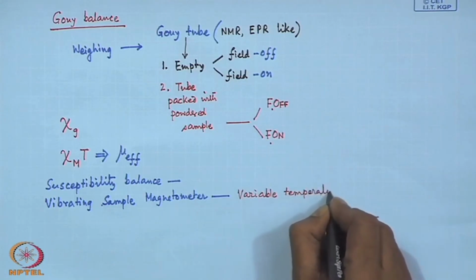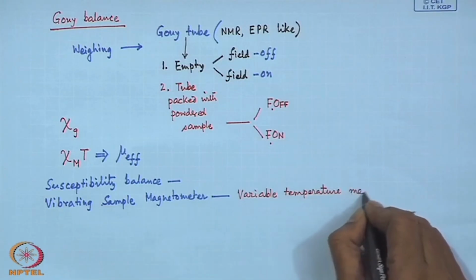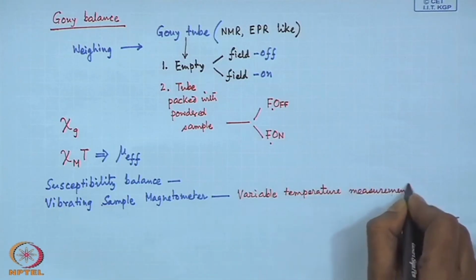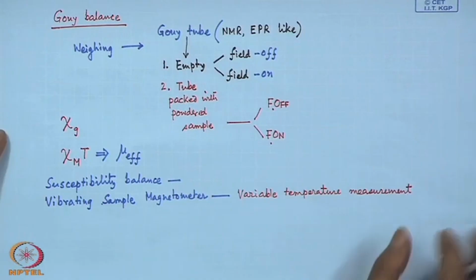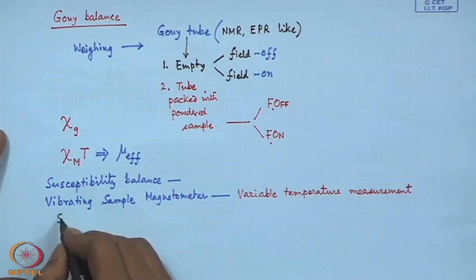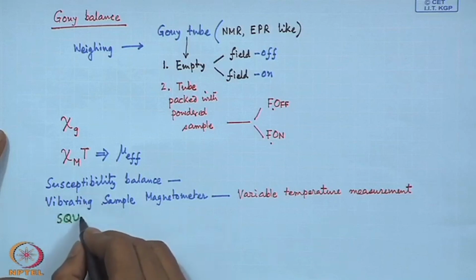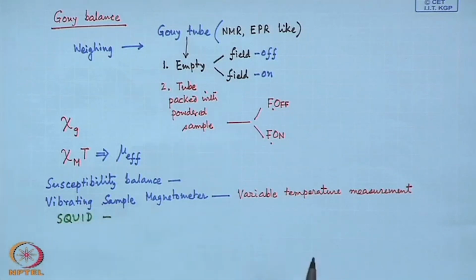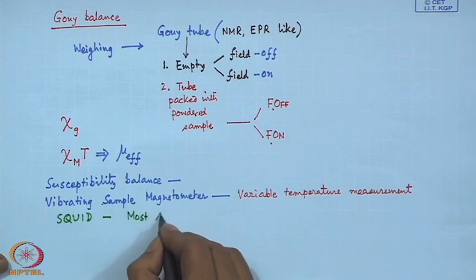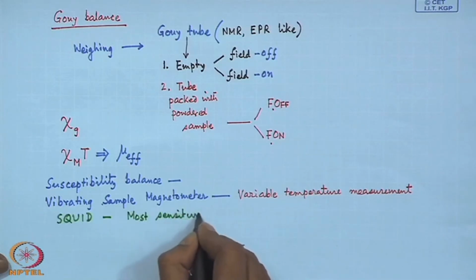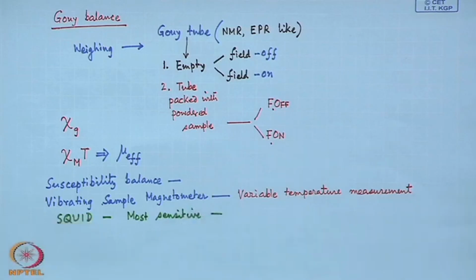And the most recent and highly sophisticated one is the SQUID magnetometer, which is the superconducting quantum interference device. This superconducting quantum interference device is the most sensitive one, which can measure very small magnetic moment values nicely.